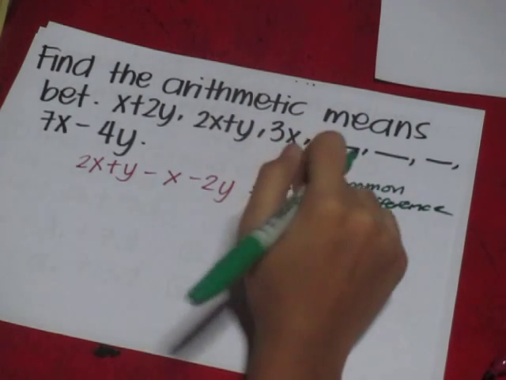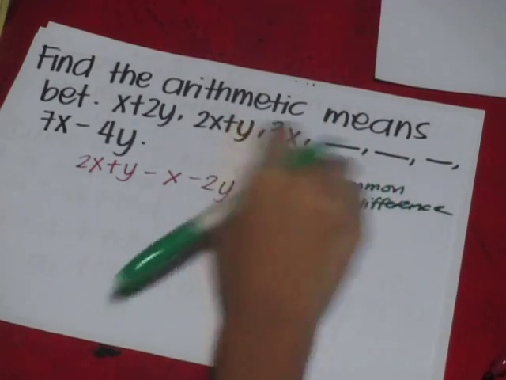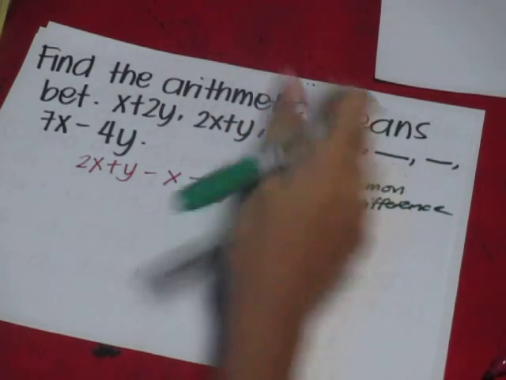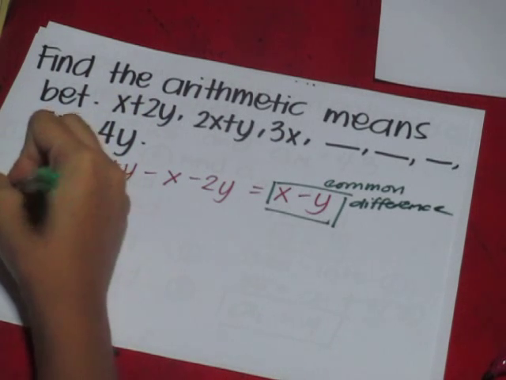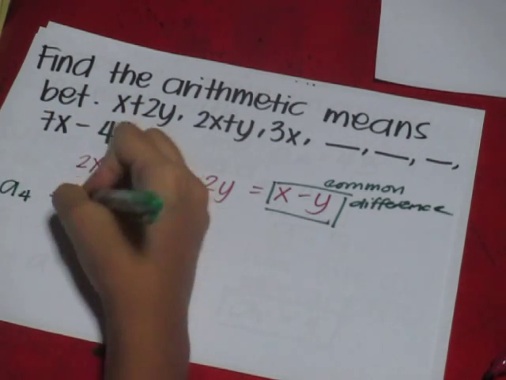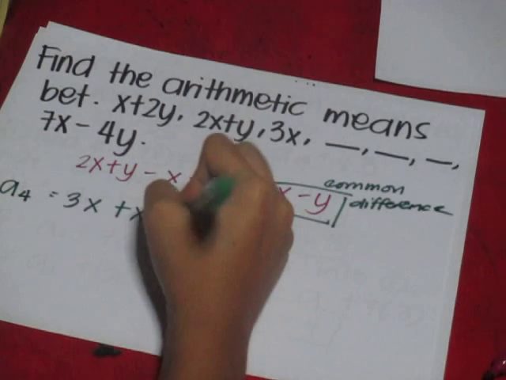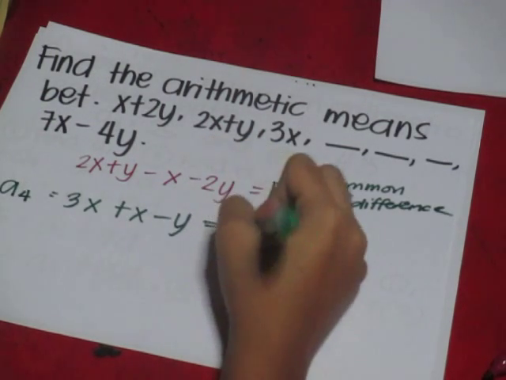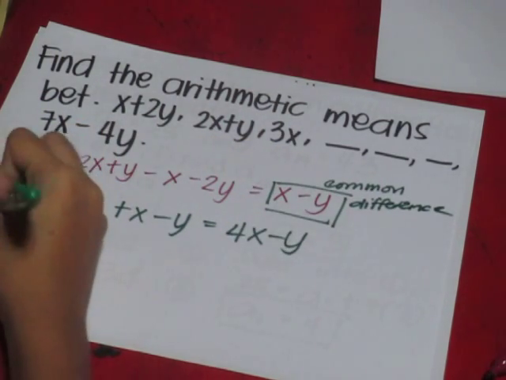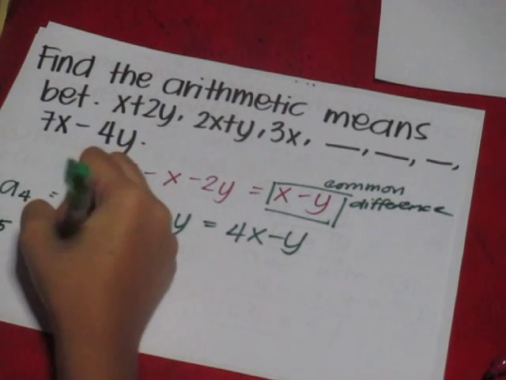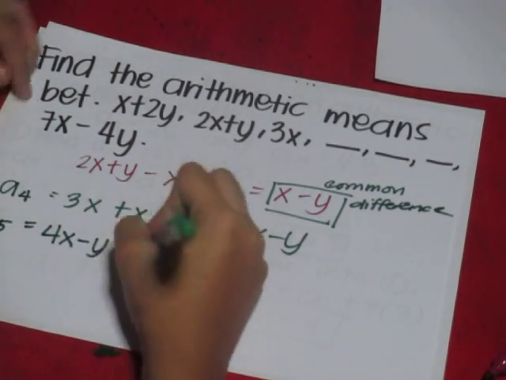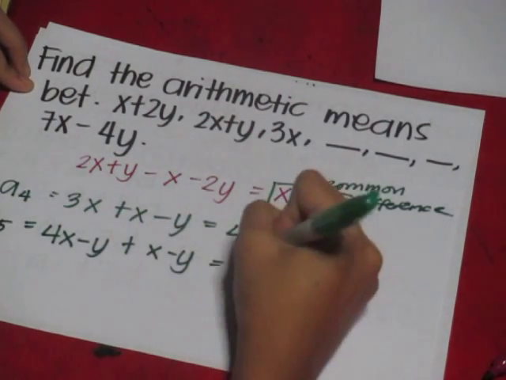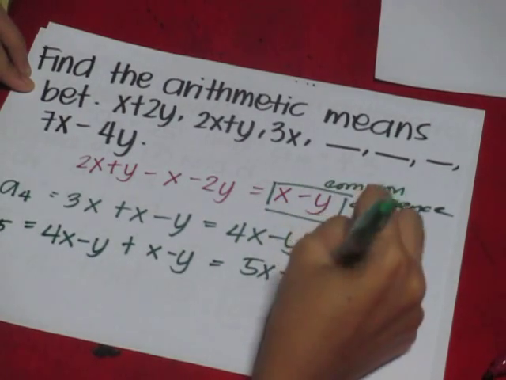This could be our common difference. So now you need to add the common difference to our third term to find the fourth term. A sub 4 is equal to 3x plus x minus y, which is 4x minus y. A sub 5 is equal to 4x minus y plus x minus y, which is 5x minus 2y.